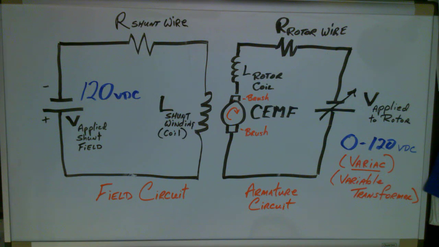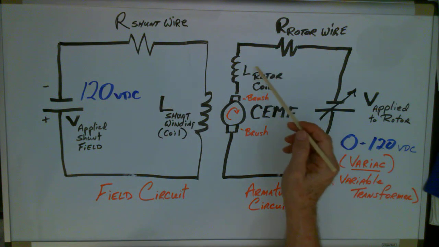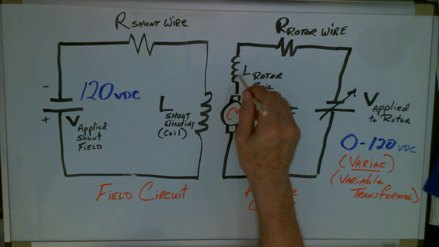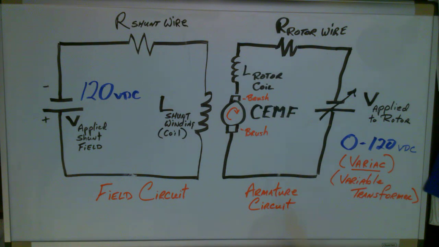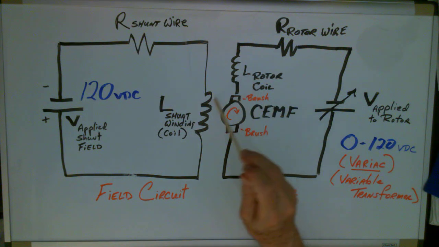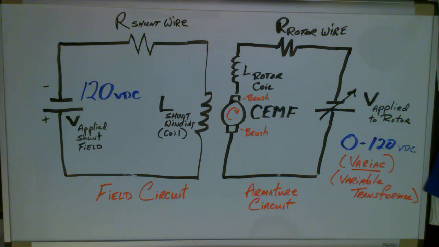The purpose of drawing the coil separate from everything is that the inductance of the coil in the armature produces the magnetic field that the armature needs to form a torque when this magnetic field interacts with this magnetic field.